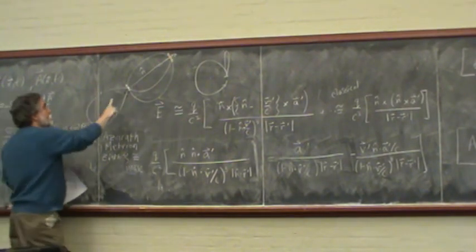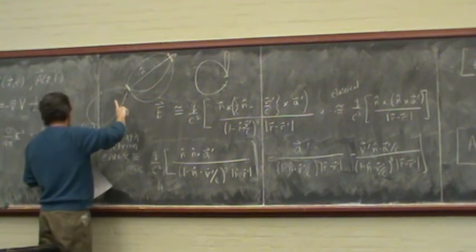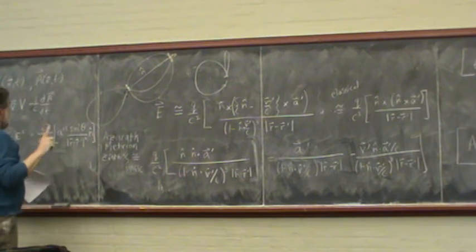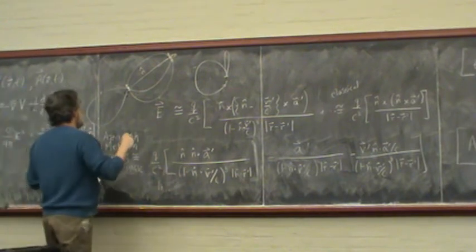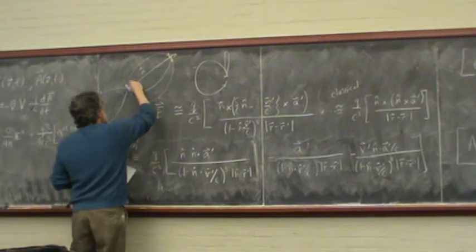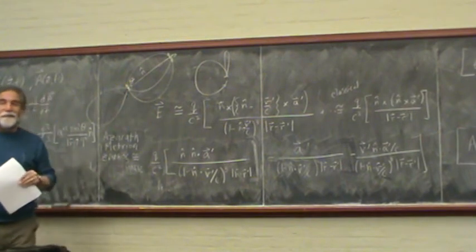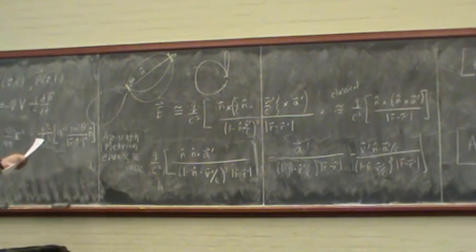And it is sine squared of theta. Theta is the angle between the acceleration and the observation direction. So it maximizes perpendicular to the acceleration.